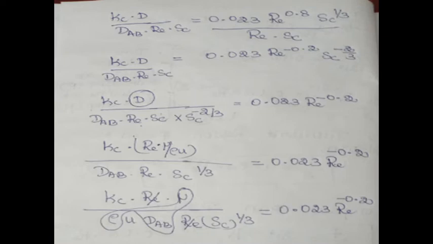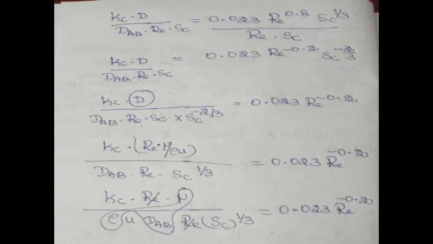Are you clear? So in the LHS, what is d? d is the diameter. So from the Reynolds number, which is equal to rho u d by mu, what is capital D? Capital D is nothing but Reynolds into mu divided by rho into u.